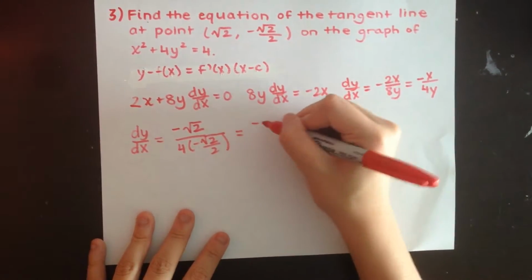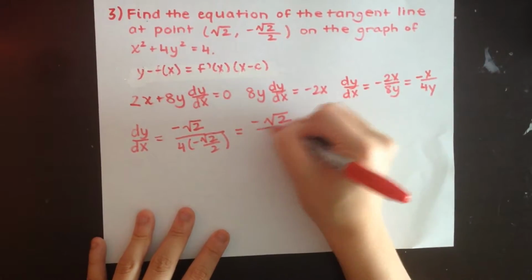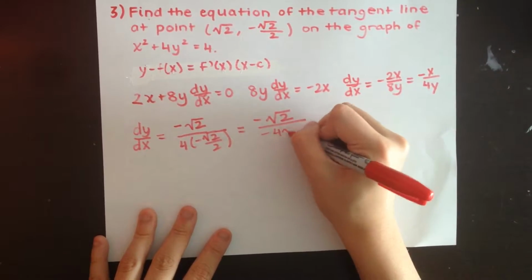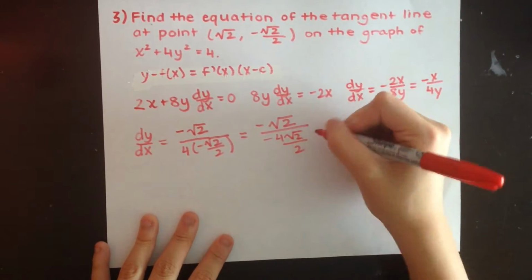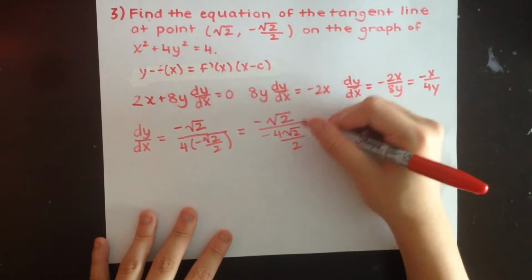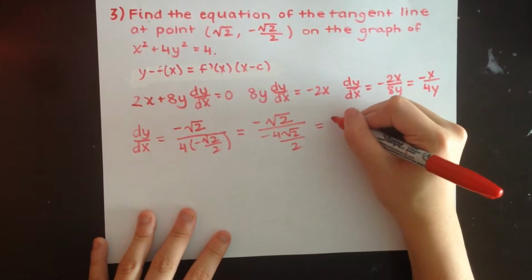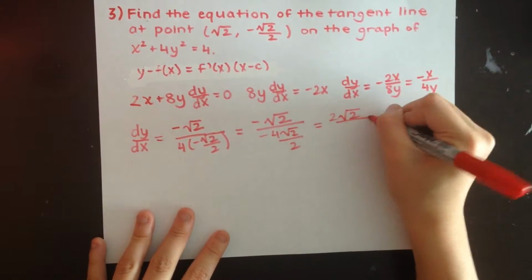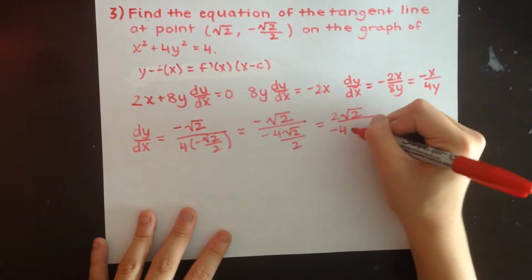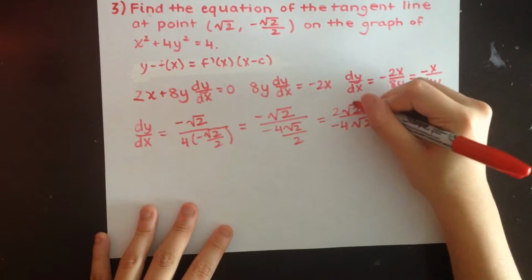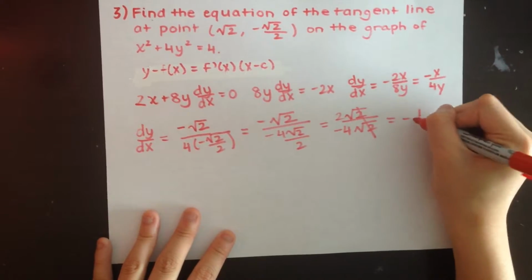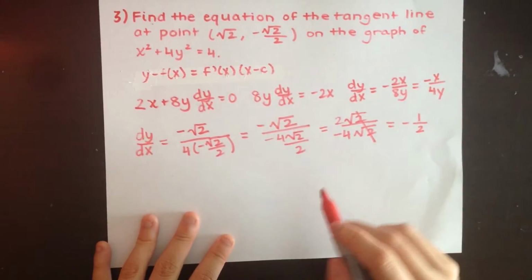Simplify this, negative root 2 over negative 4 root 2 over 2, which is equal to 2 root 2 over negative 4 root 2. These two cancel out, which just gives you negative 1/2.